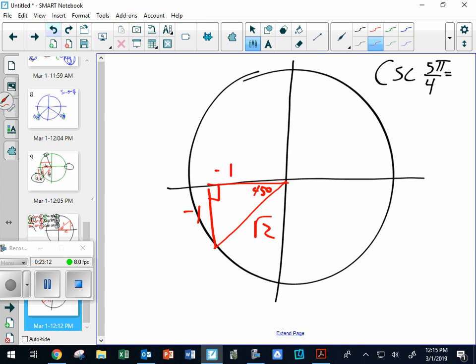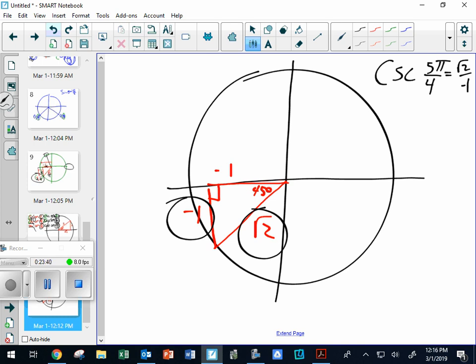You didn't do cosecant, you did sine, yes. And so sine has to be found first, and that is the opposite over the hypotenuse. And then what do you do? You flip it. So final answer? Square root of 2 over -1 is the way I'm going to say it. Because that way it's just exactly upside down from what sine would have been.